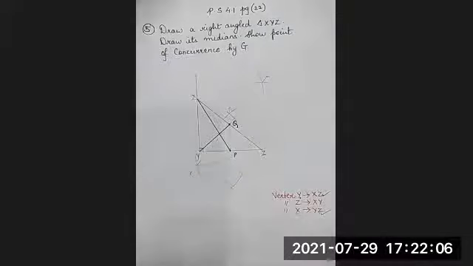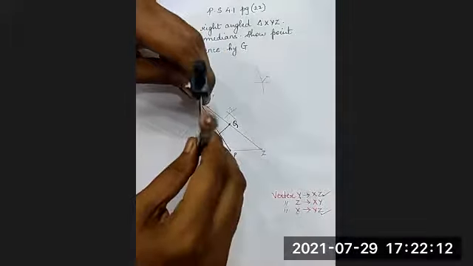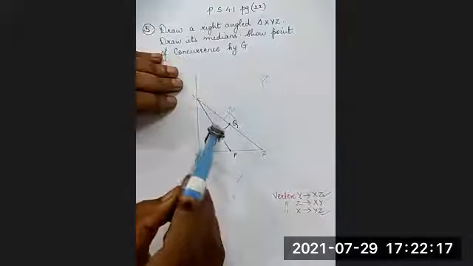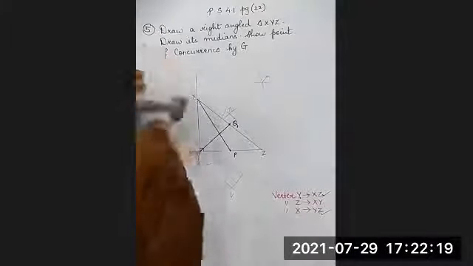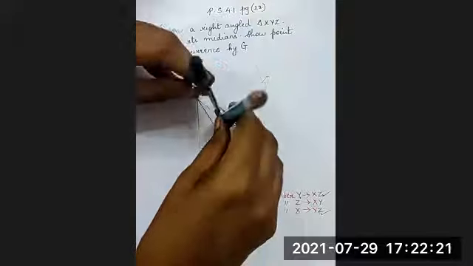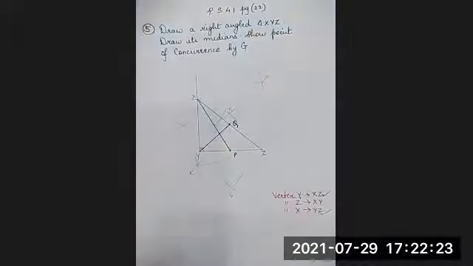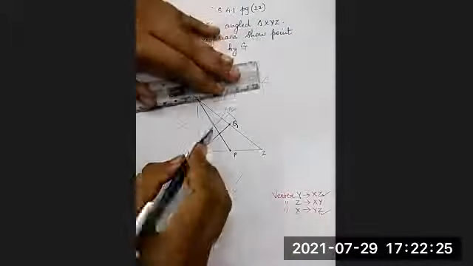Now the third side is XY. So I will again take more than half distance and draw the arcs. I get this point over here.